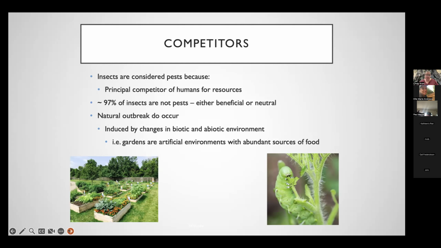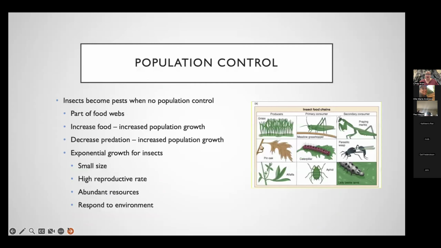So the majority of insects out there are not bad. Their natural outbreaks can occur because of induced changes in biotic and abiotic environments. For instance, gardens are artificial environments with abundant sources of food. So this can really help promote an insect population from really going off the rocker.